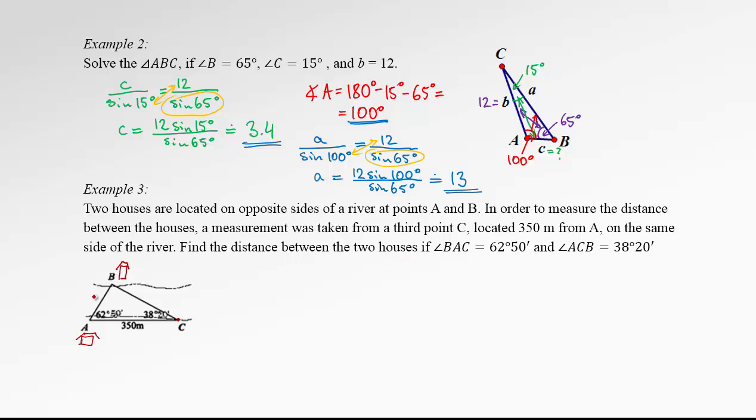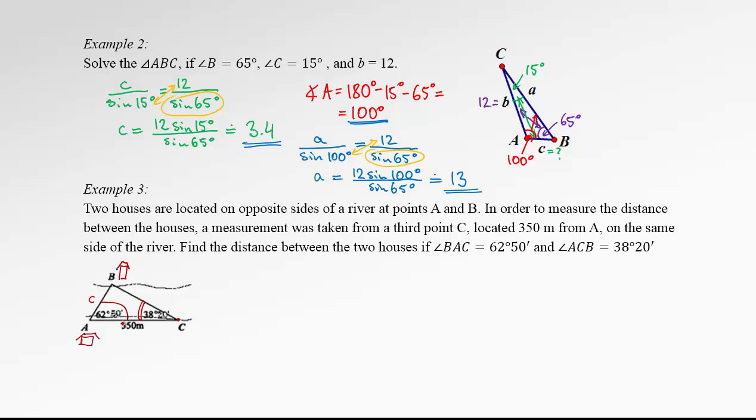Let's call this distance C because it's opposite to the vertex C. If we know that angle BAC, that means this angle, is 62 degrees and 50 minutes, and angle ACB, that means this angle, is 38 degrees and 20 minutes.